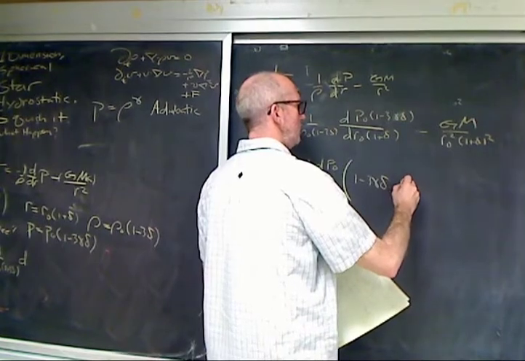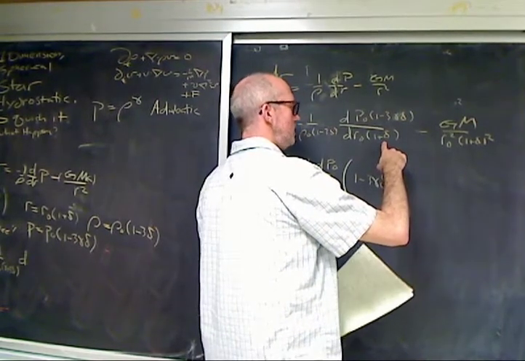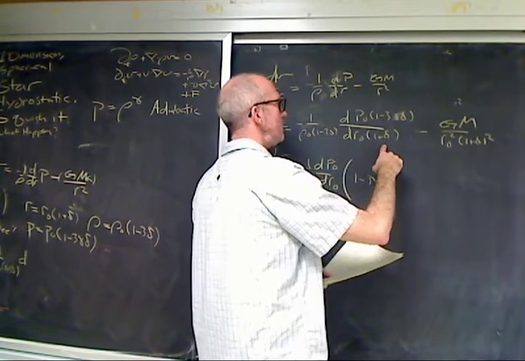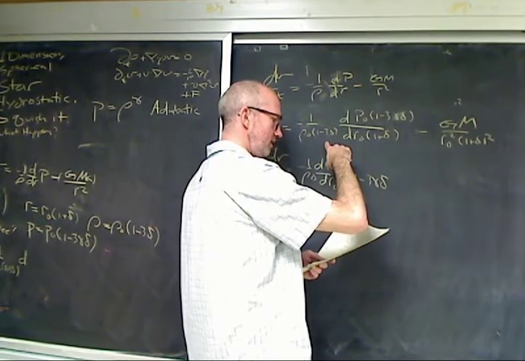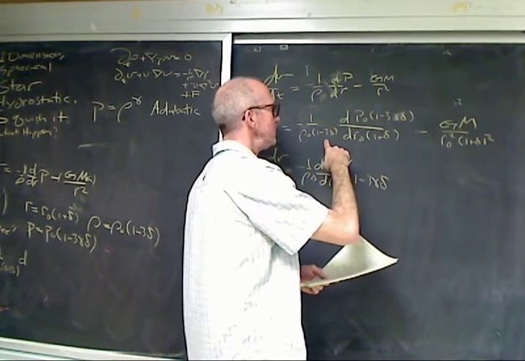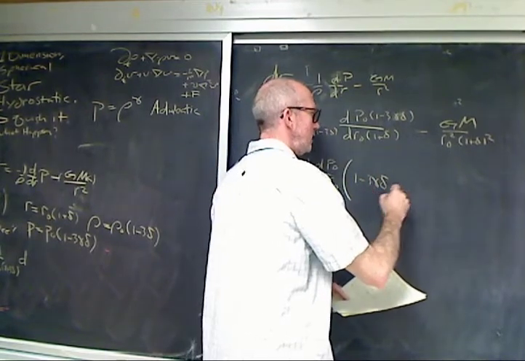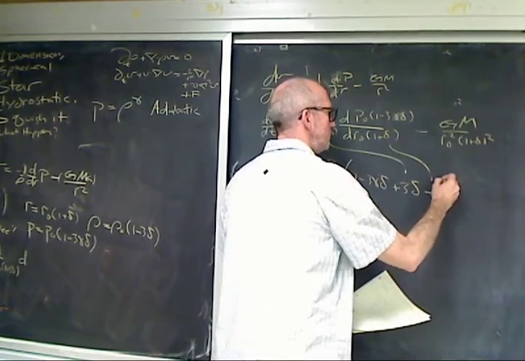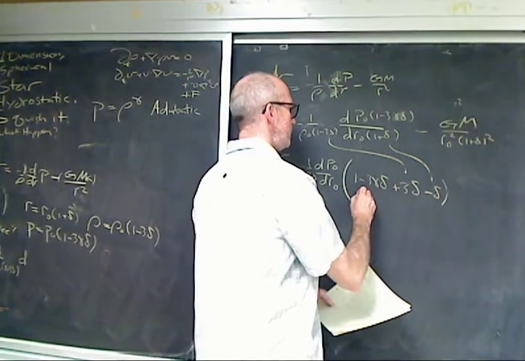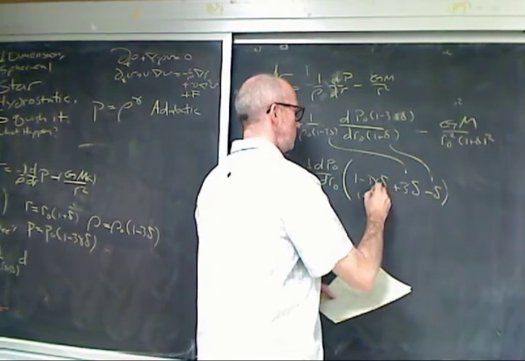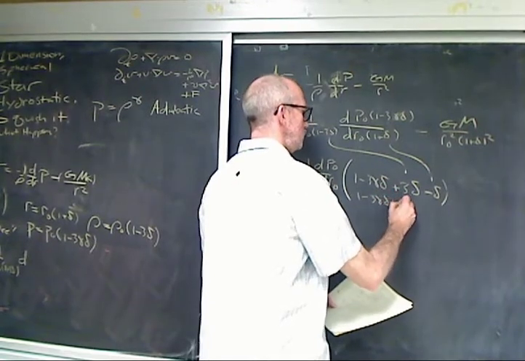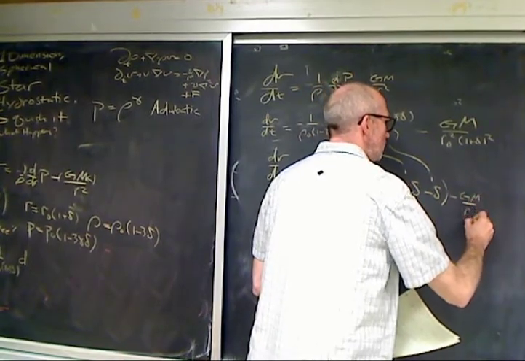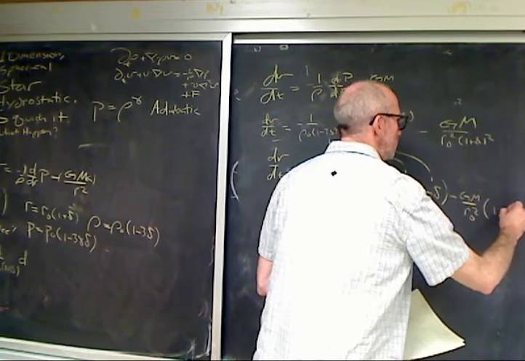I get 1 minus delta here, and a 1 plus 3 delta here. Why do I get a plus 3 delta? Because it's 1 over 1 minus 3 delta. So this is 3 delta gamma plus 3 delta from this one minus delta from this one. So we'll simplify that as 1 minus 3 gamma delta plus 2 delta. And then this guy becomes GM over r naught squared times 1 minus 2 delta.